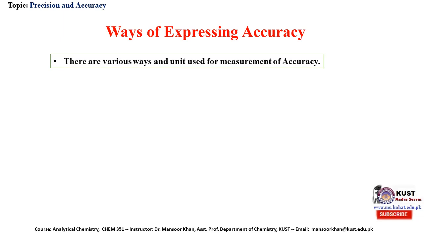There are various ways and units used for measurement of accuracy. The two important tools used for measurement of accuracy are absolute error and relative error. These two parameters are used for the expression of accuracy.